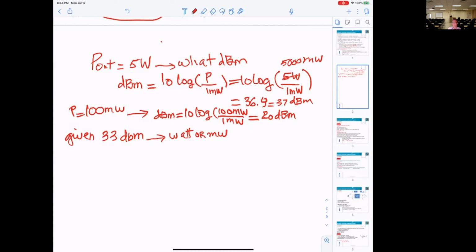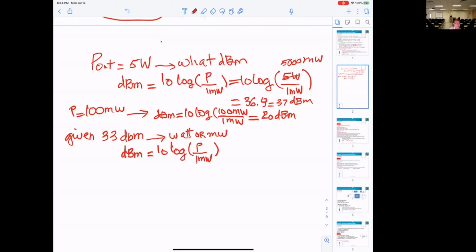How can we do? First thing, you must remember the formula: dBm equal 10 log of P over 1 milliwatt. This is the formula given on the first page.